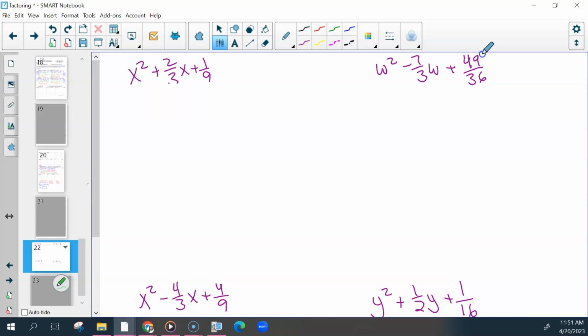So x squared plus 2/3 x plus 1/9 and x squared minus 4/3 x plus 4/9 are the ones you need to write down. The other two I would write down so you have practice. And I'm going to show you two different ways on how to solve these, and you can pick and choose.